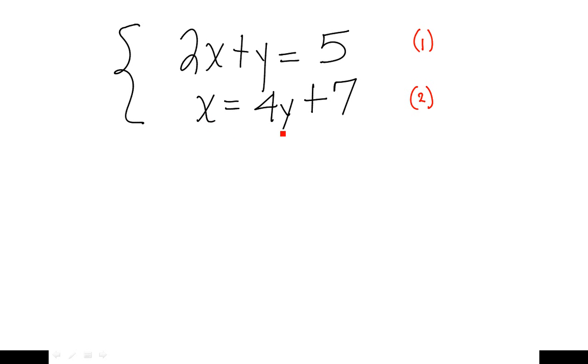Usually when this happens, it's easiest to use the substitution method because you know what x is, and all you have to do is substitute this information right here, 4y plus 7, into the other equation where you see an x, because x equals that. Substituting that information is perfectly legal in math because x equals 4y plus 7.